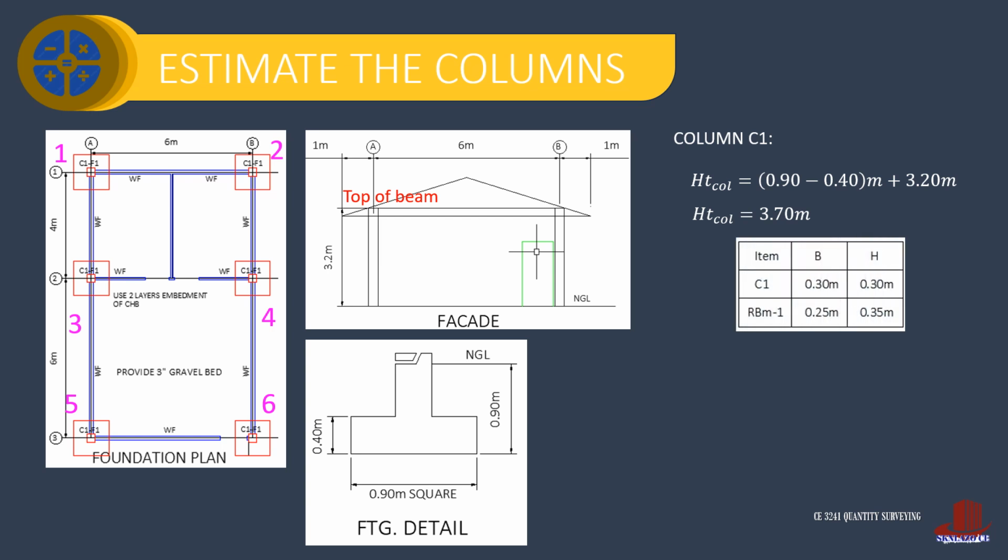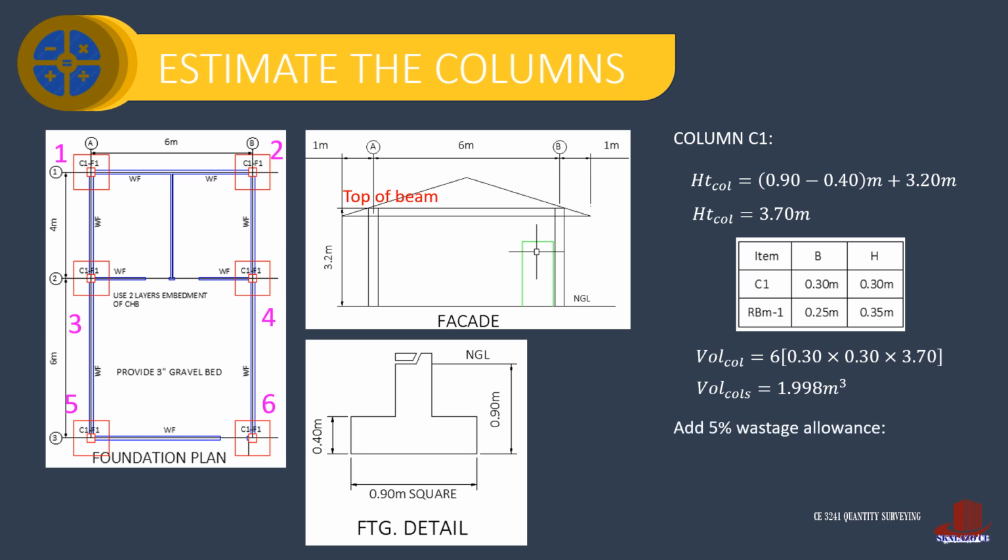The column schedule also shows the cross-sectional dimension of columns as 0.3 by 0.3. Thus, we can compute for the volume by taking 6 units with 0.3 by 0.3 and 3.7. So the volume of columns is 1.998 cubic meters.